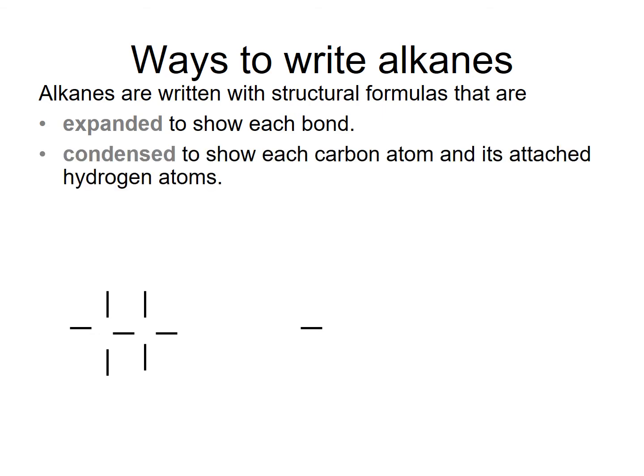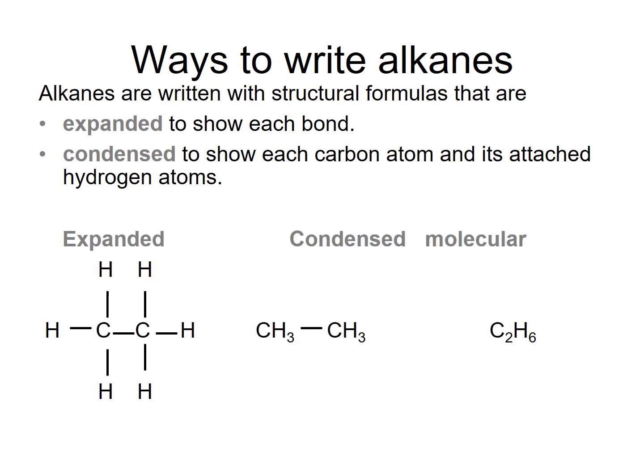So, ways we can write the alkane formulas. We started this out with C2H6 before and showed you the expanded formula with all the bonds showing, a condensed version of the formula in which we just show how the carbons attach to each other, and we assume that you know the hydrogens are going to be single bonded because hydrogen can only make one bond.